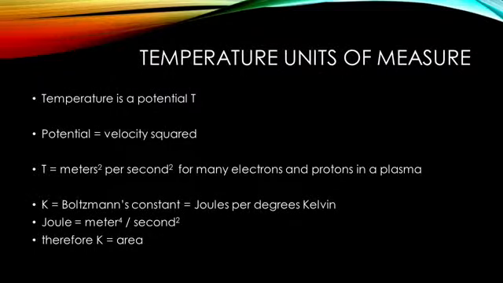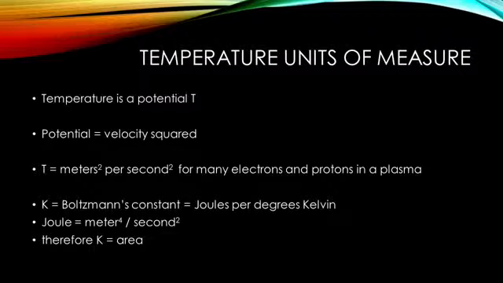All right, temperature units of measure. The temperature is a potential, T. And all potentials, like voltage, are velocity squared. Temperature equals meters squared per second squared for electrons and protons in a plasma. But that's contrasted with the speed of the wave function, s, which is meters per second, just inside one ion.